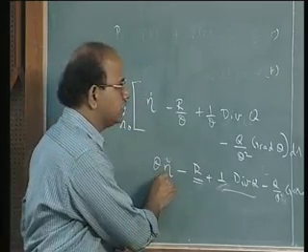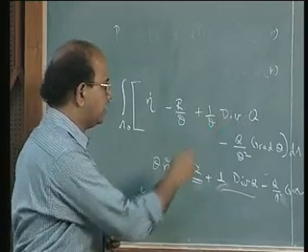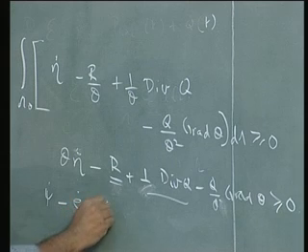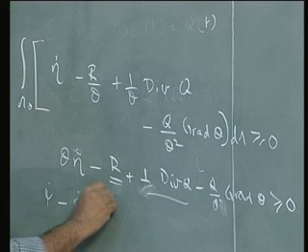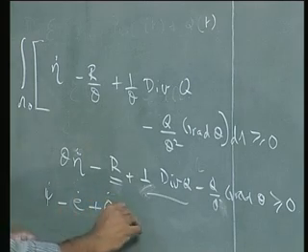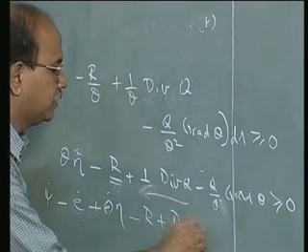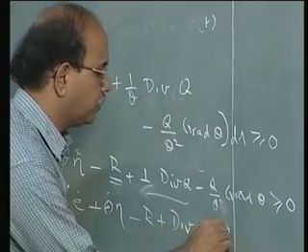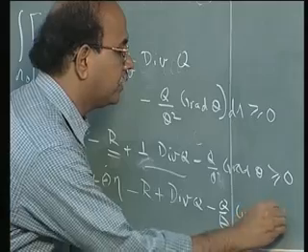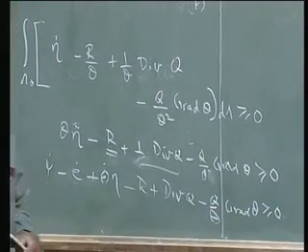So, this theta eta dot, so I will get psi dot, okay, E dot will come to the other side, minus E dot, right, plus theta dot eta, right, minus r plus divergence q minus, 1 minute, let me finish this, theta grad theta greater than or equal to 0, right.